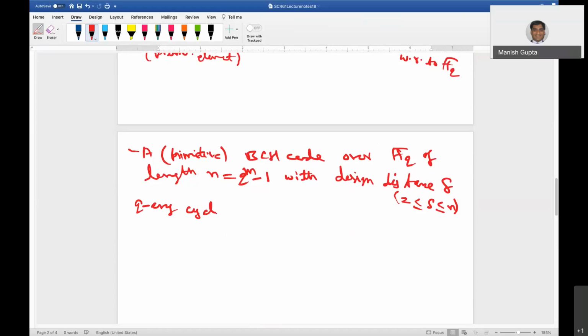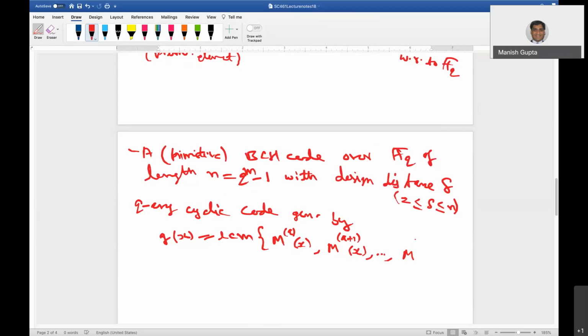It is the cyclic code generated by g(x) = LCM of m_a(x), m_{a+1}(x), and so on up to m_{a+delta-2}(x). Here m_a(x) is the minimal polynomial of alpha raised to power a, m_{a+1}(x) is the minimal polynomial of alpha raised to power a+1, and so on.